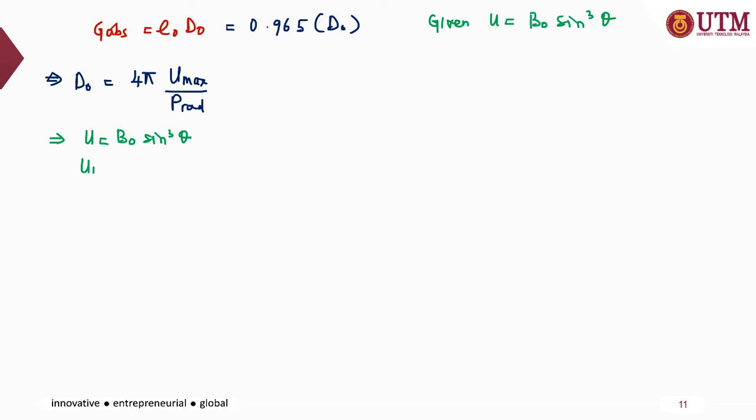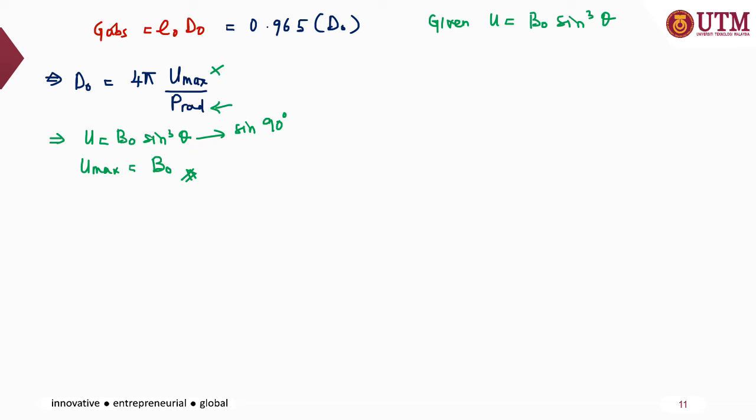So U max happens when theta equals 90 degrees. In this case, U max equals B naught. Okay, so we have determined this.